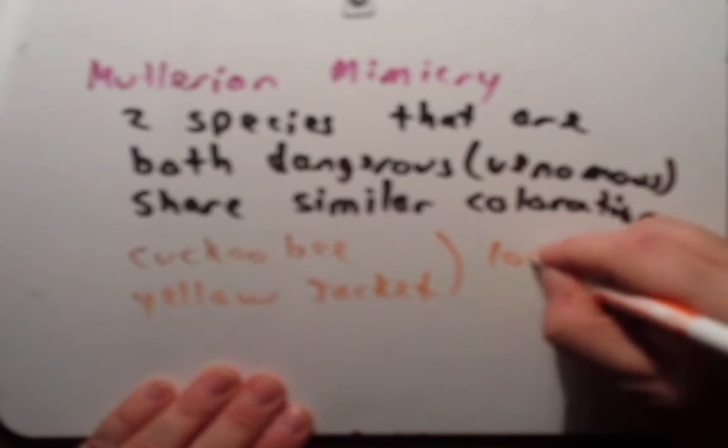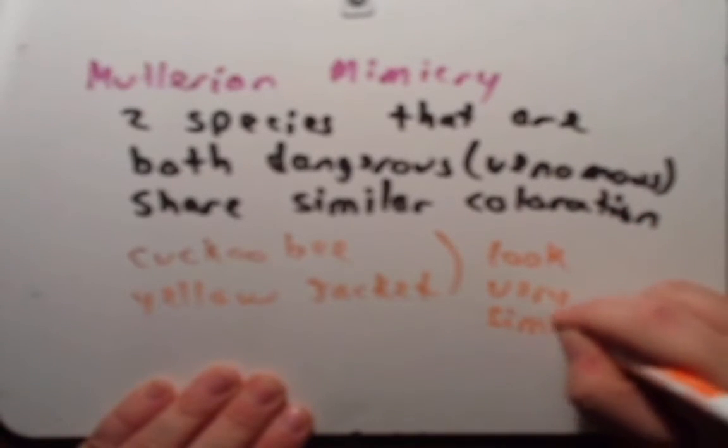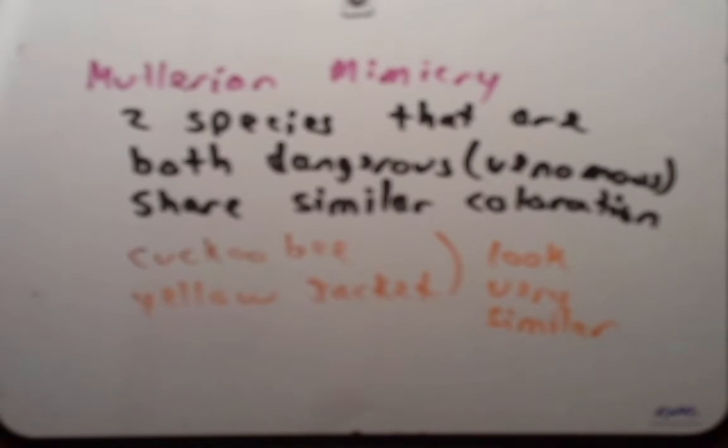And they look very similar. So it's an example of where two different species have adapted a very similar coloration pattern, and so animals recognize that you want to stay away from both of these. It's kind of like doubling the effect of it. It works for one, so it works for the other.